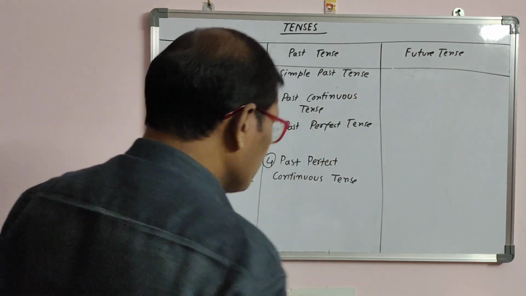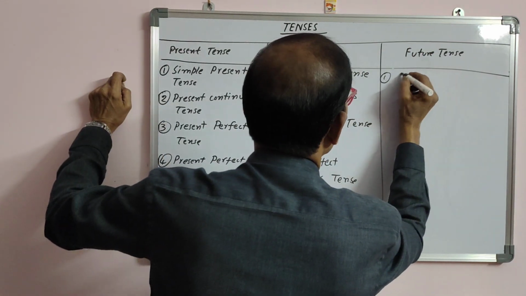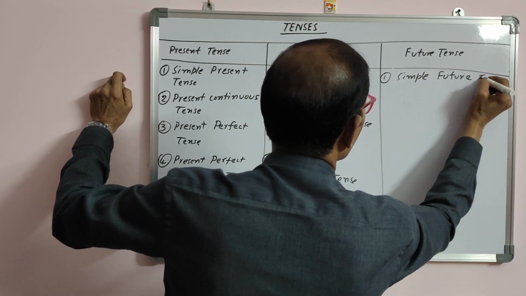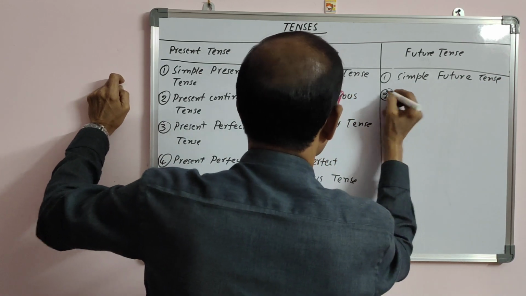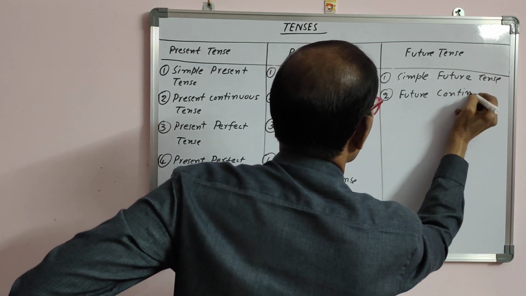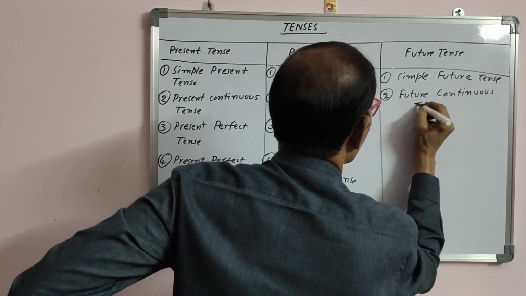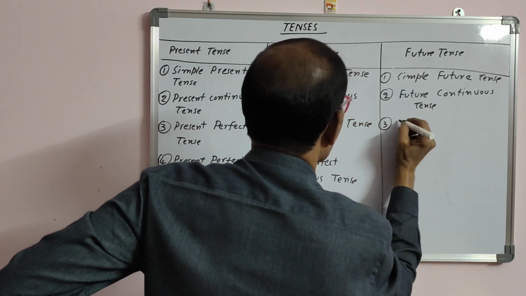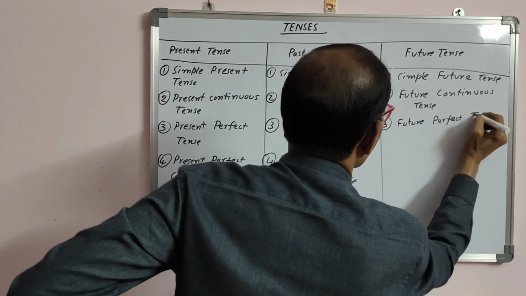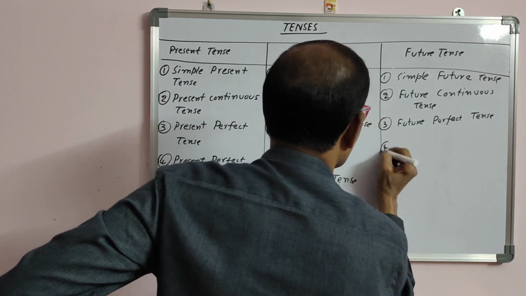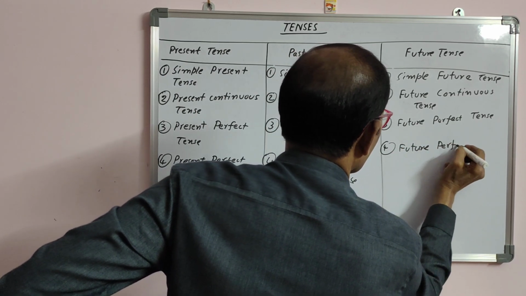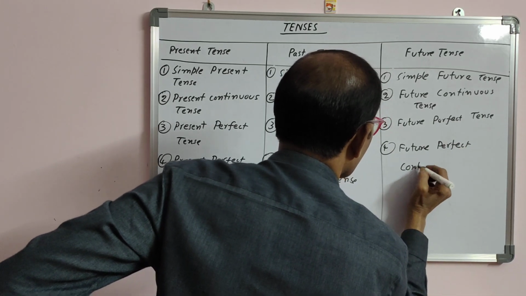Likewise, in future tense also we have 4: simple future tense. Second one, future continuous tense. Third one, future perfect tense. Fourth one, future perfect continuous tense.